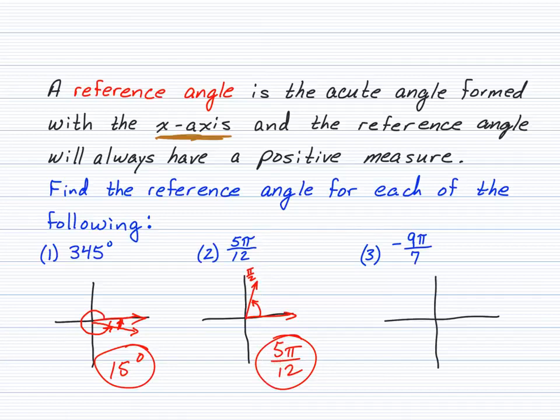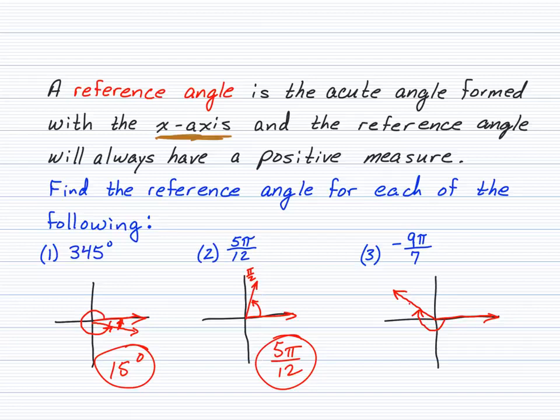All right, so then the next one, it's going to be negative 9 pi over 7. So negative tells us to rotate this way. Now, if we rotate to here, this is 1 pi, which would be 7/7. So 9/7 is going to be a little bit more than that. So negative 9/7 will be in this quadrant right here. Now from here to here is 9/7.